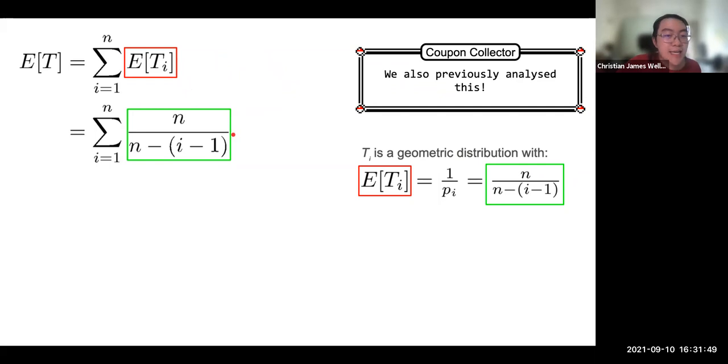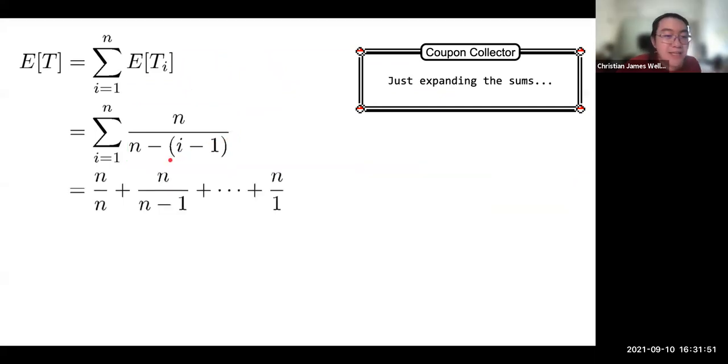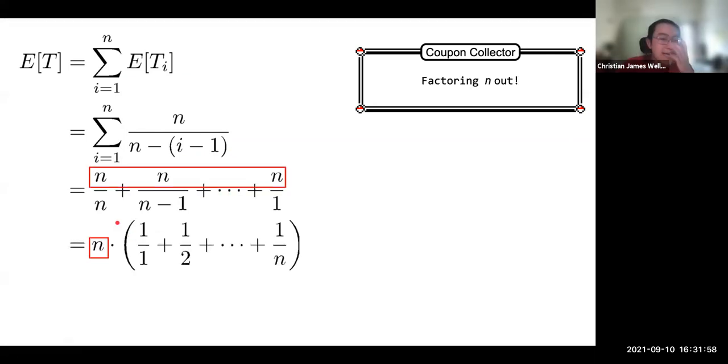For clarity, I write it out by hand, everything. Next thing I do is factor them out. The n I factor out, and then times 1 over 1 plus 1 over 2 all the way to 1 over n. Hopefully this is familiar. This 1 over 1 plus 1 over 2 all the way to 1 over n. Hopefully you feel like you have seen this somewhere.